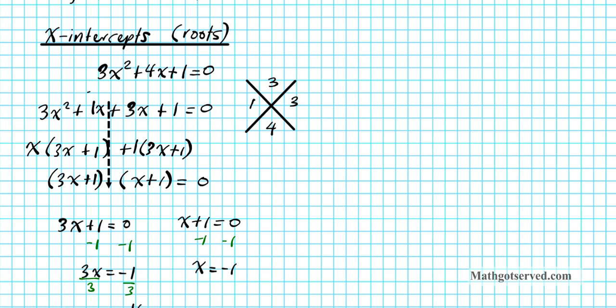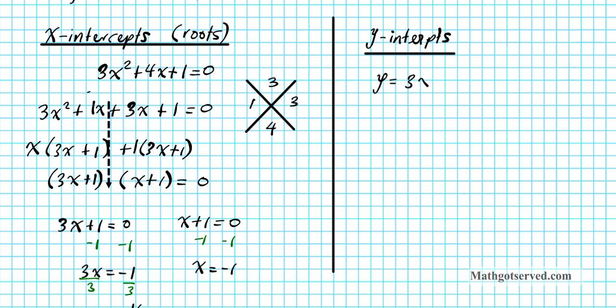Let's partition this workspace down the center, and then we'll look for the y-intercepts right here. The y-intercepts are the y values that you get when you set x equal to 0. The original function we can write as y equals 3x squared plus 4x plus 1.